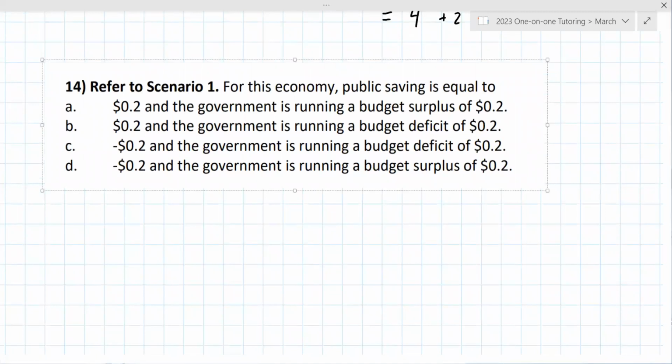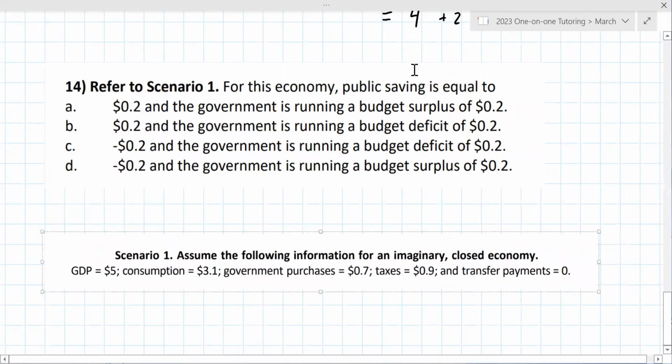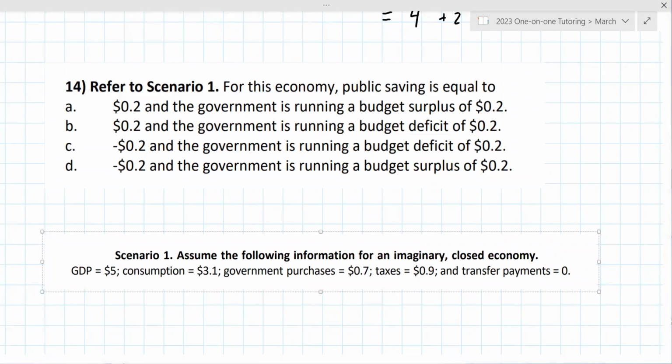Okay, 14 refers to scenario 1. Okay, let me snip in scenario 1. Okay, public savings is equal to, so you have to get an equation for public savings that we've been using. And then we're going to use some of these numbers to determine that value.